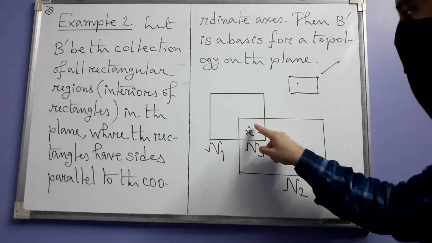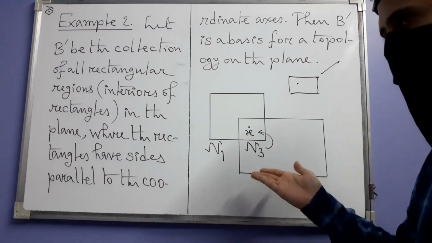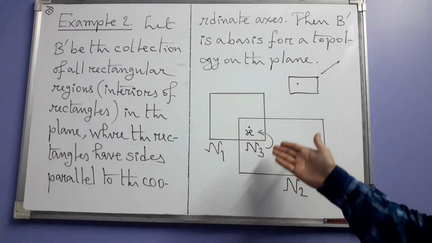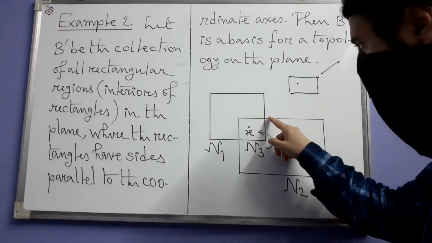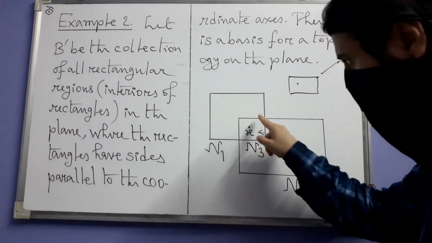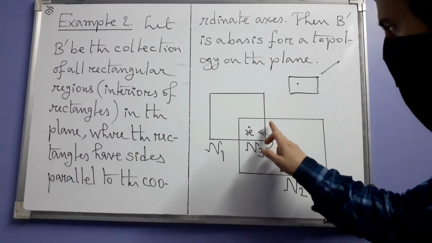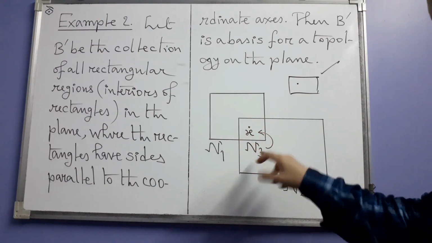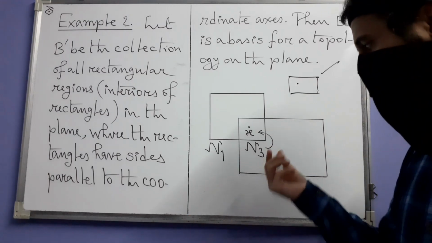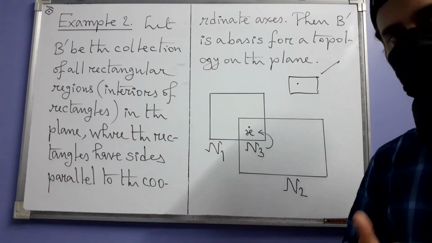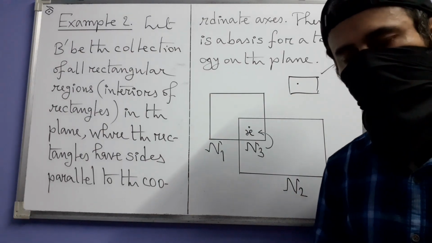And say there is a point X within that region. In this case, the second condition is easier than the previous example, because the intersection itself is another such rectangle. So in this case, you can choose this intersection itself to be N3. So obviously that contains X, and N3 is contained in N1 intersection N2 because it is equal to N1 intersection N2.